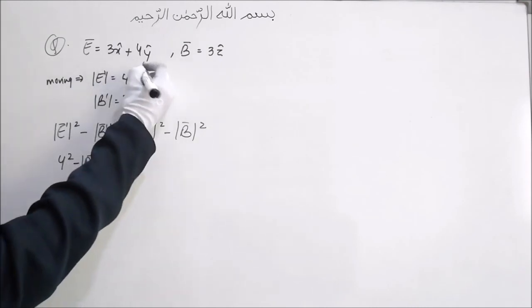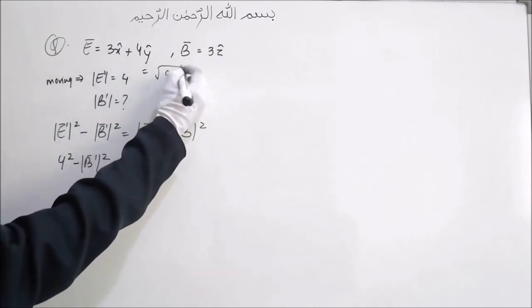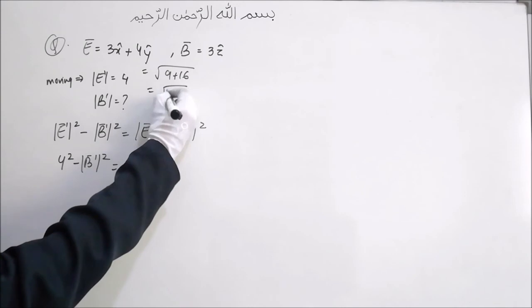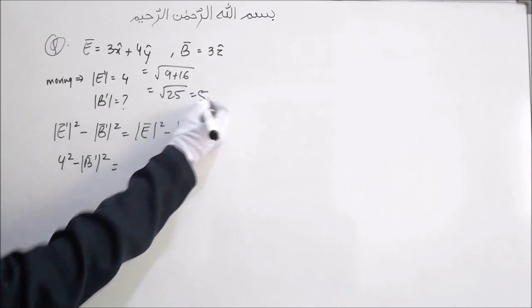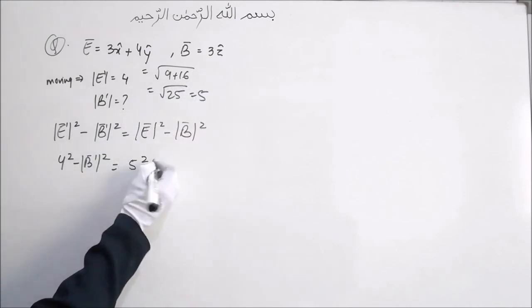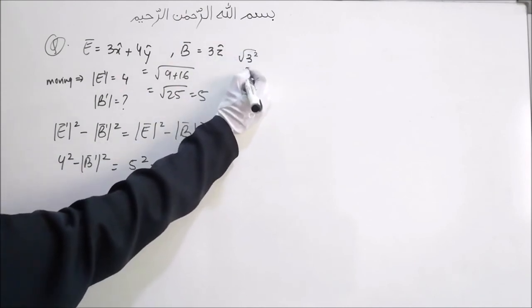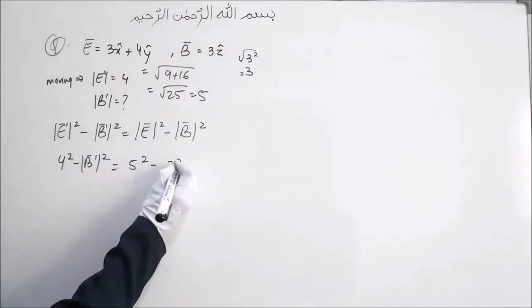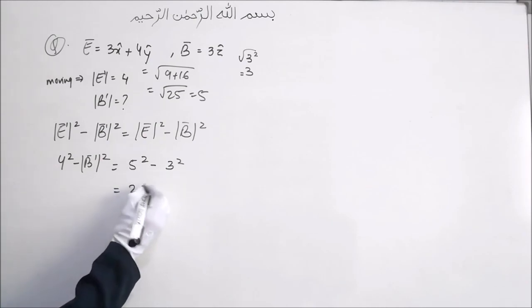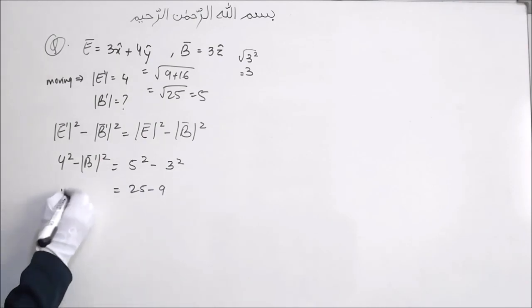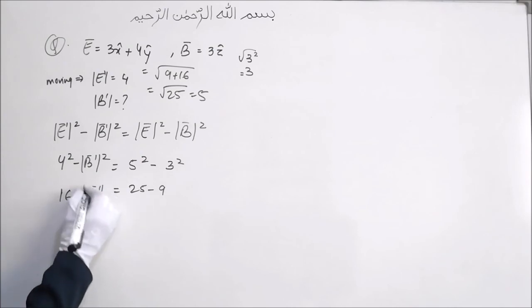What is the magnitude of this? Root of 3 3s are 9 plus 4 4s are 16, that is root of 25, that is 5. 5 squared minus what is magnitude of B? Root of 3 squared, that is 3, so minus 3 squared. 5 5s are 25 minus 3 3s are 9, and you'll have 16 minus magnitude of B dash squared.